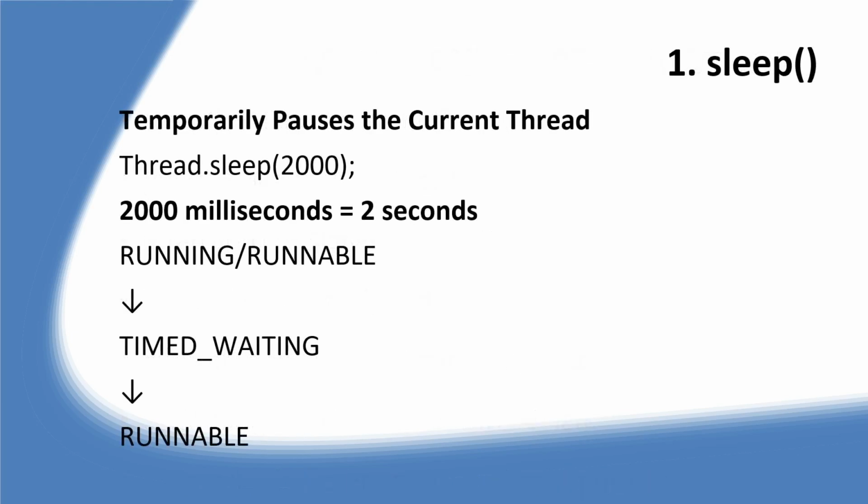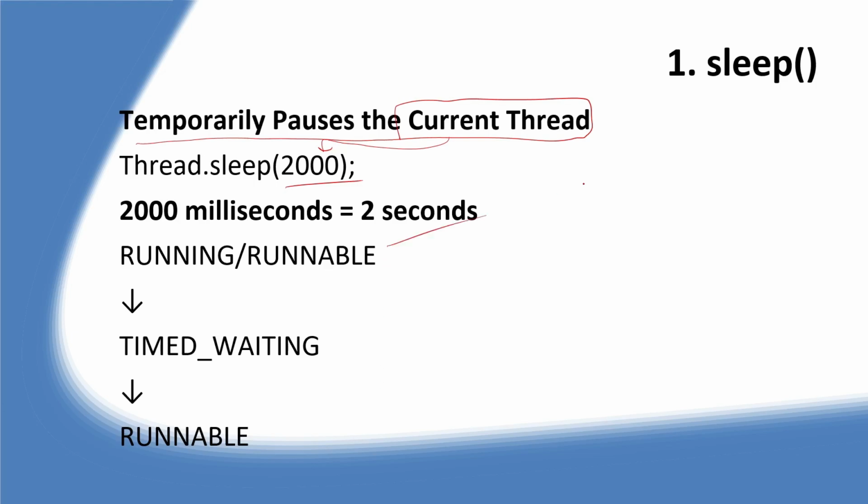The sleep method temporarily pauses the execution of the current thread for a specified amount of time. So here Thread.sleep with 2000 milliseconds asks the current executing thread to sleep for approximately 2 seconds. 2000 milliseconds means 2 seconds.